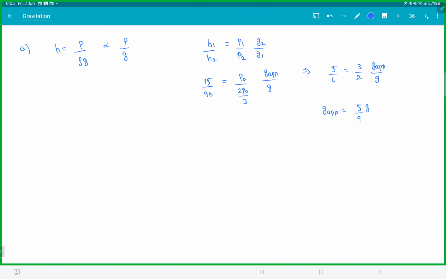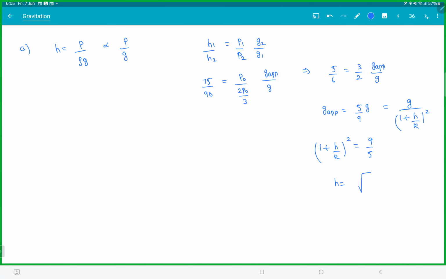Now, how do you know whether you have to use the approximate formula or the normal one? Just look at it. Normally the value used to be G. It became now 5G by 9. You changed it by 4G by 9. That's a huge change, not a small error. So you can't use the approximate formula. You have to use G divided by (1 plus H by R) whole square. G will cancel on both sides. You end up with (1 plus H by R) whole square is equal to 9 by 5.